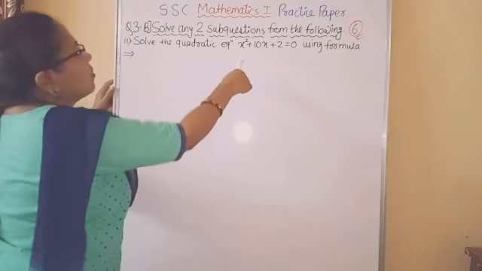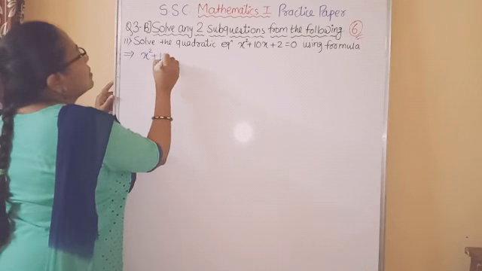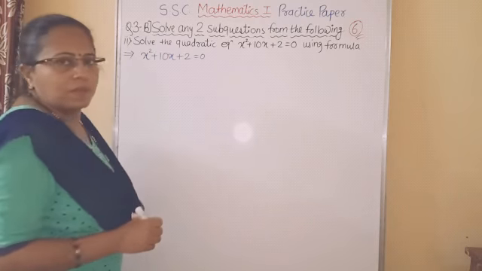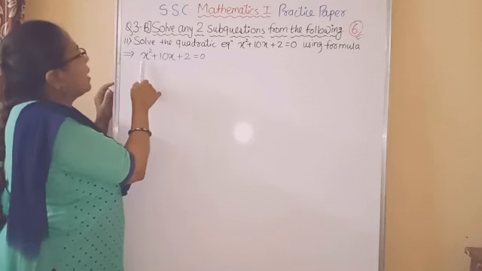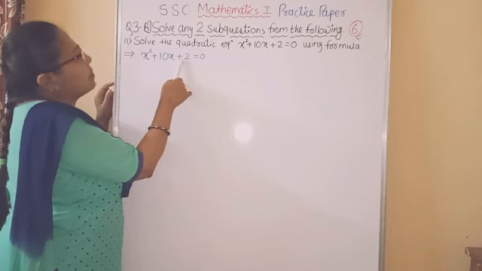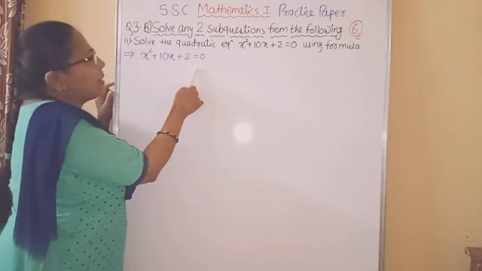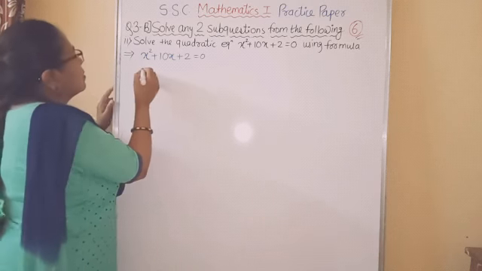First write down the given quadratic equation x square plus 10x plus 2 equal to 0. Then check whether it is in standard form or not. ax square plus bx plus c equal to 0. It is in standard form. Okay. Now compare this with the standard form and find the values of a, b, c.